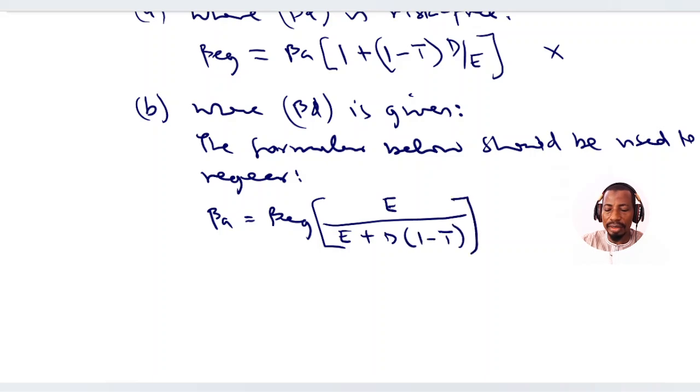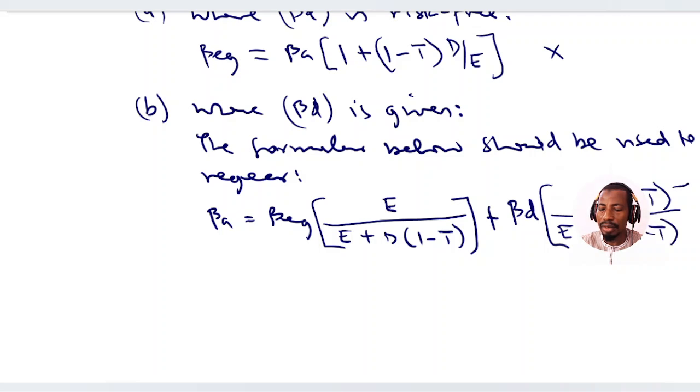In this case, whatever information you have for the main company is what you are going to put there. You have nothing to do with the proxy company again. Plus the debt beta of the main company multiplied by debt value multiplied by 1 minus tax, tax of the main company, divided by equity value plus debt value (1 minus tax). This is the formula you are supposed to use to ungear.